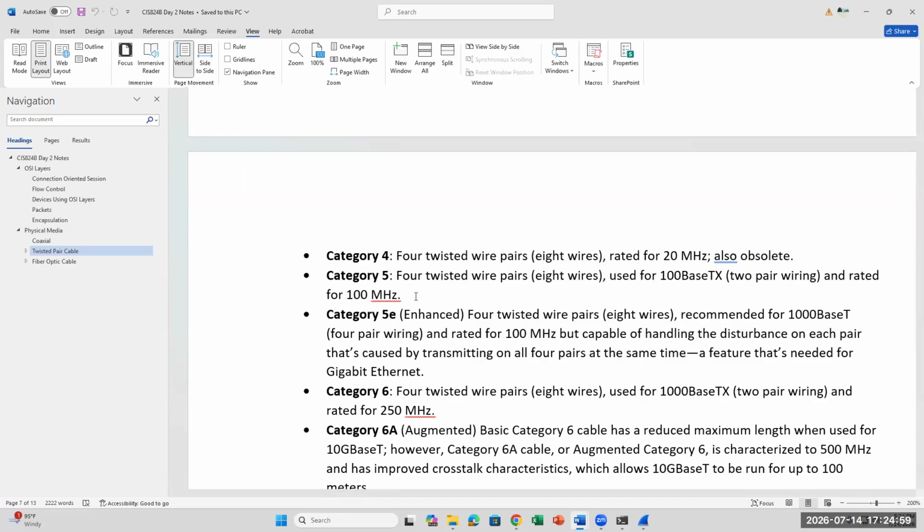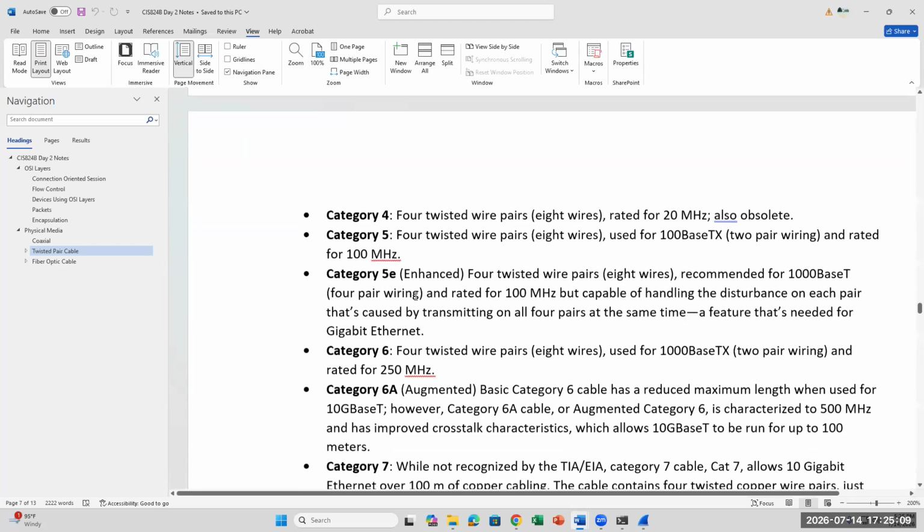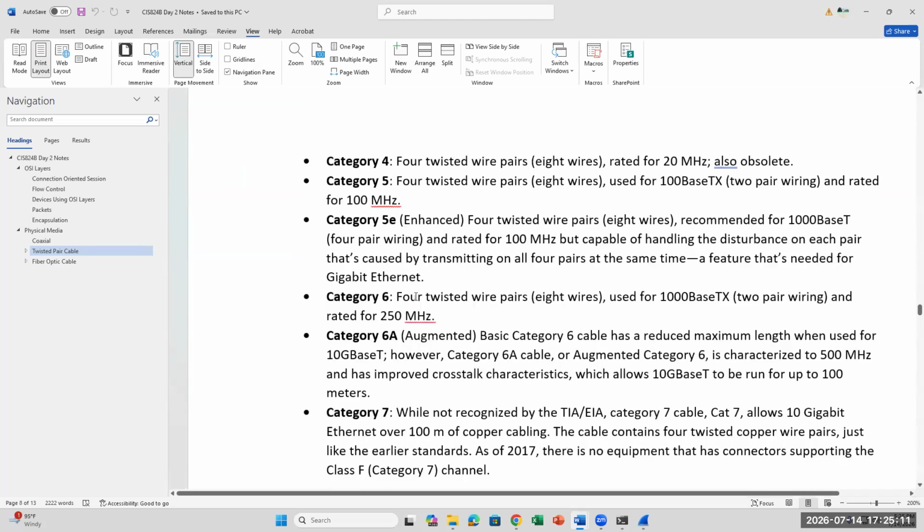So if you bought Ethernet cable, like I want to say 10 years ago, you're going to see Cat5e. But if you look on Amazon today, you're going to see Cat6, and I think they're releasing Cat7. So Cat6 is probably the most common, and it's cheaper than some of the newer ones, because of performance and also just supply and demand, right?